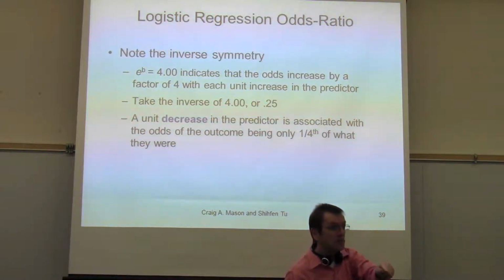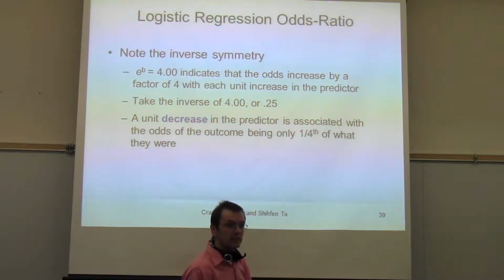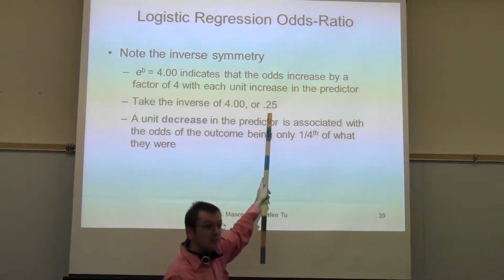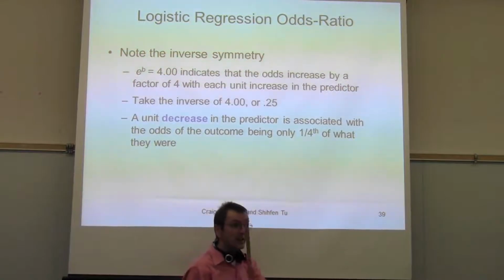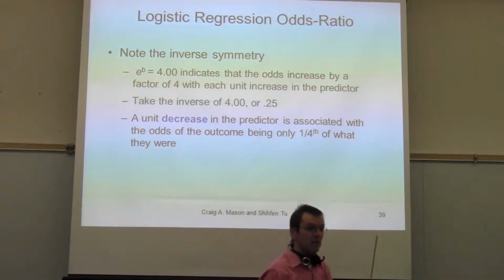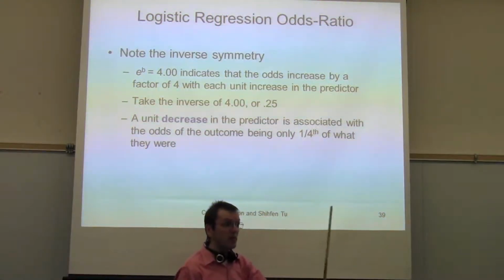I'm now 4 times. On the other hand, if I start off here, with 4 times the odds, and I party 1 hour less, my odds ratio is 0.25. I'm going down by 4. Up by 4, down by 1/4 to get back where you are.